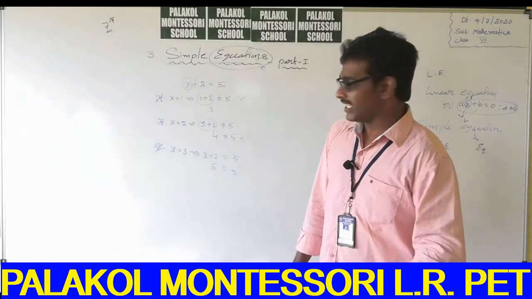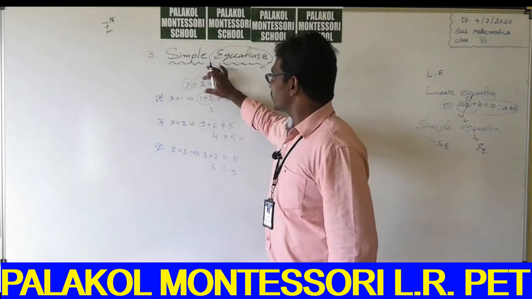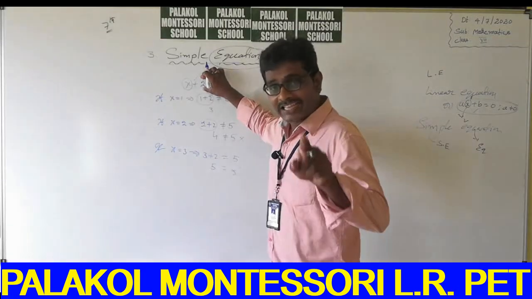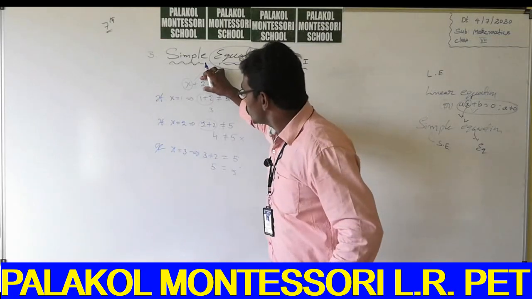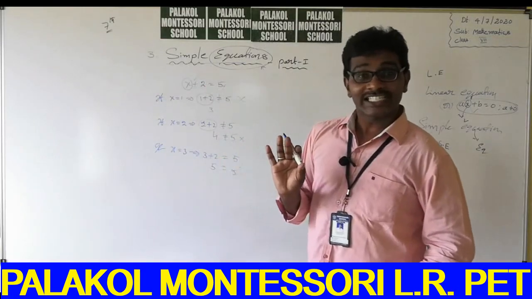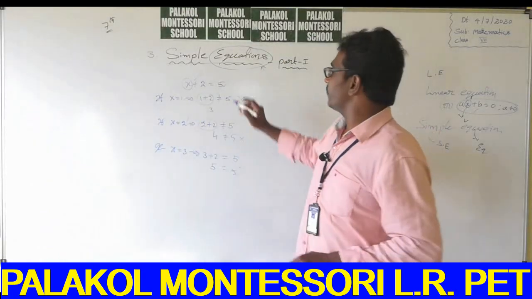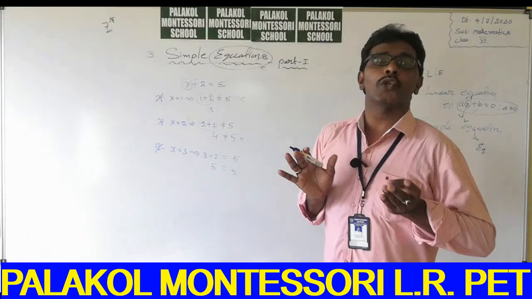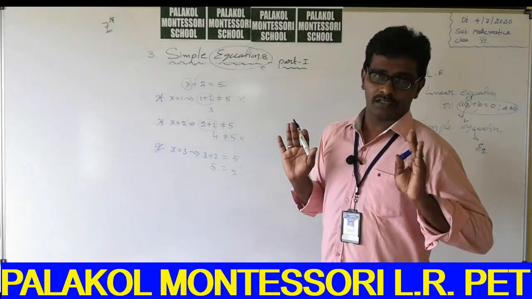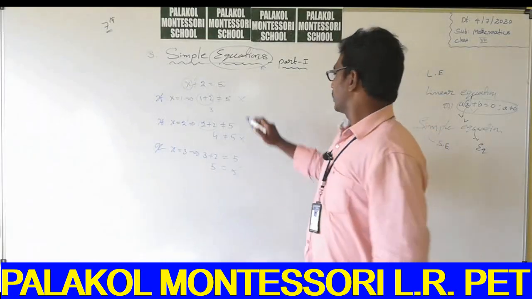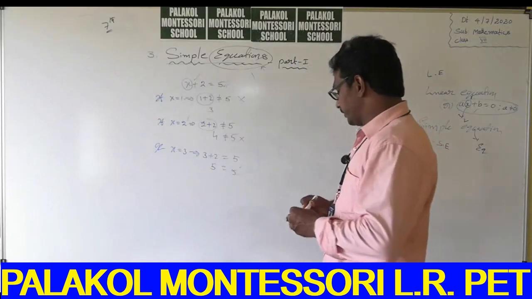So in this case, 3 satisfies the equation, and 3 is called the solution of this equation. But 1 and 2 do not satisfy this equation, so they are not solutions. Okay guys? Next point.